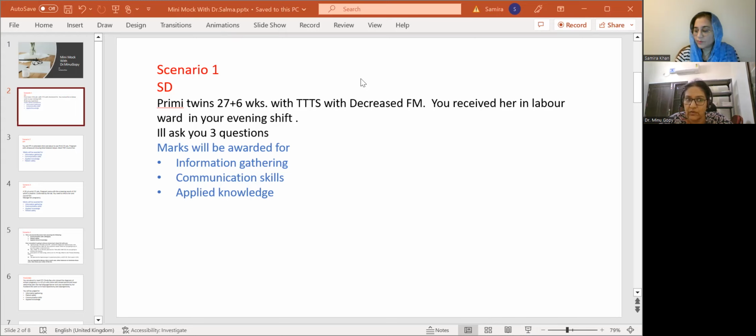I would ask for a hemoglobin, complete blood count, and connect her to the dual CTG machine to see if both the babies are doing fine, and also would like to do an ultrasound scan to see how the first twin is, what is the presentation, and also the well-being of both the babies. This much information I would like to have. And regarding management, shall I proceed? Yes, please, the management.